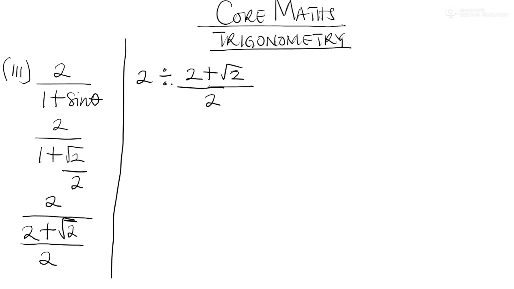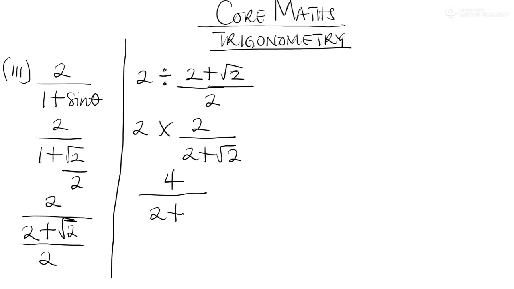So now we will change the division to multiplication, and then we reciprocate this side. So we are going to have 2 times 2 over 2 plus root 2. When we multiply, we get 4 over 2 plus root 2.